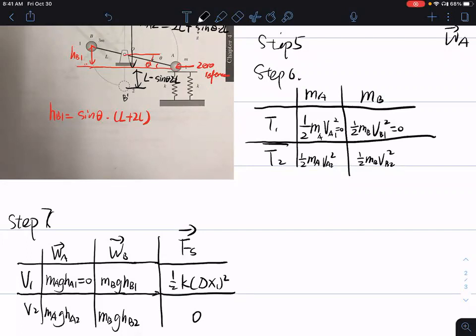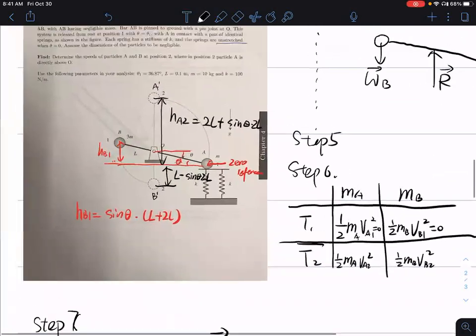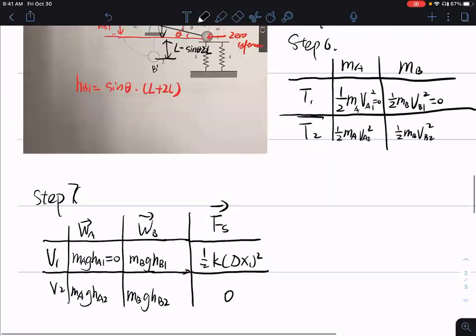How do we find that delta x1? Do we know the original length of that spring? We know k though, but we don't know that length. So that's something we don't know.